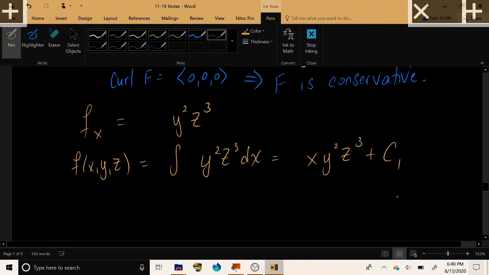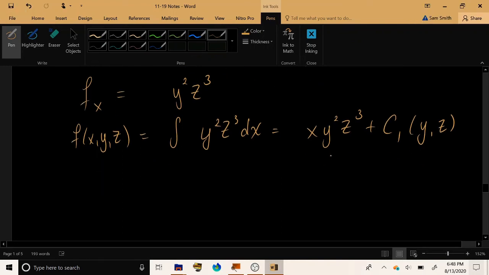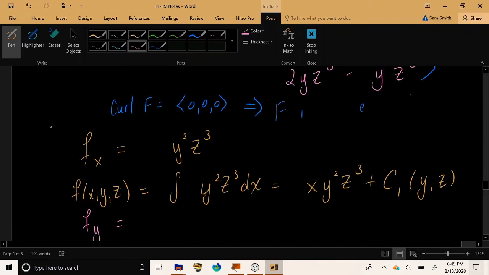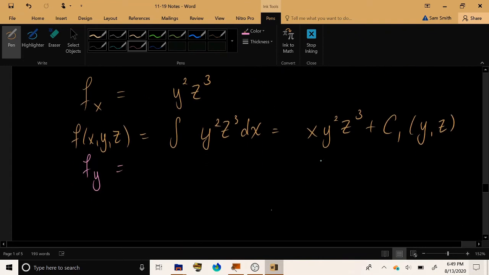And now I have to be extra careful because the constant can contain both y's and z's. Because a partial derivative with respect to x would treat both y and z as constants, the partial integral has to account for the fact that y and z could potentially be contained in this added constant term. Now, if I look at the partial with respect to y, let's compare that with the y coordinate of the vector field, 2xyz cubed.